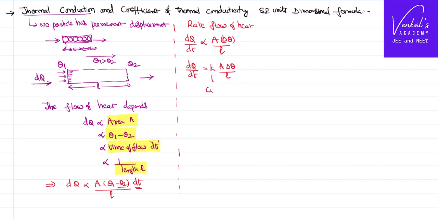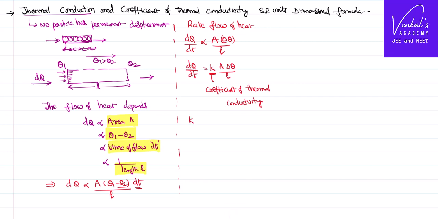That constant is called the coefficient of thermal conductivity. But I want you to be a little careful that this is a proportionality constant.